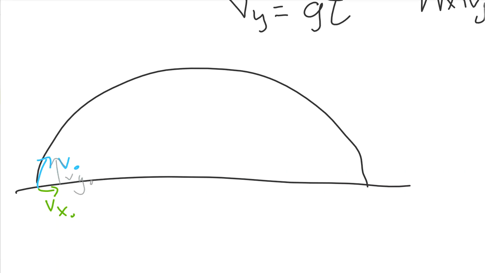Just like horizontal projectile motion, the x velocity at any point on the path is always going to be the same.